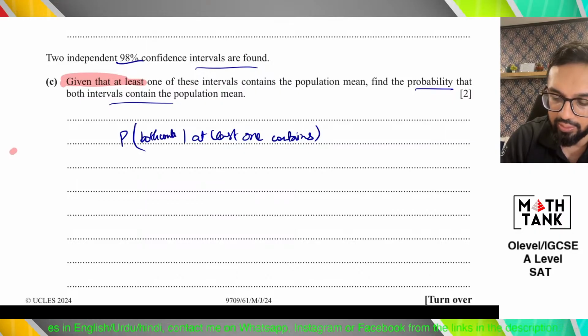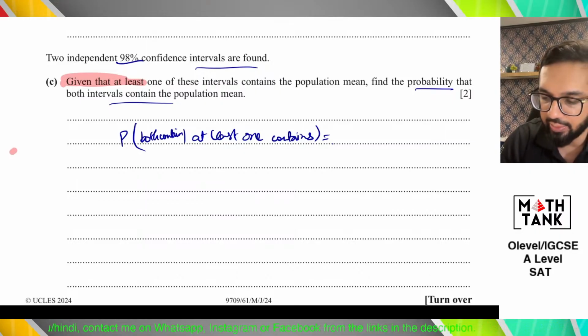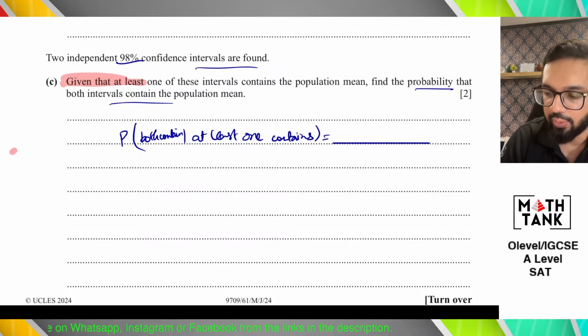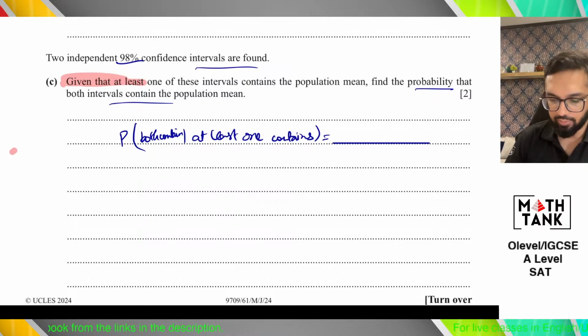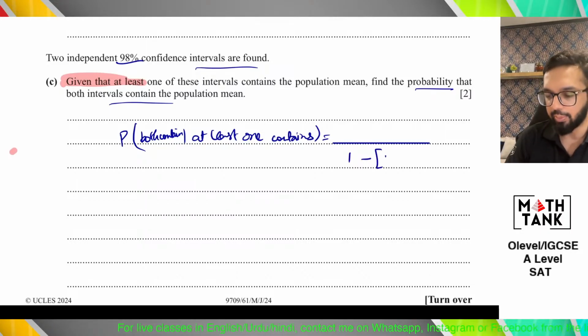So at least one contains means that either the first one or the second one or both contain the population mean. At least one can also be evaluated by 1 minus the probability that both don't contain the population mean.